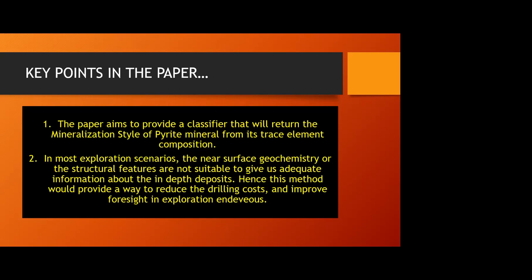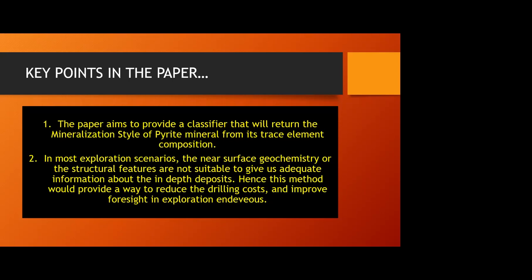So suppose you give in the trace element composition of a pyrite sample as an input, you will get the deposit type. So how does that help in the real world? So in most exploration scenarios, the near surface geochemistry or the structural features are not suitable to give us adequate information about the deposits which lie in depth or the deposit types.